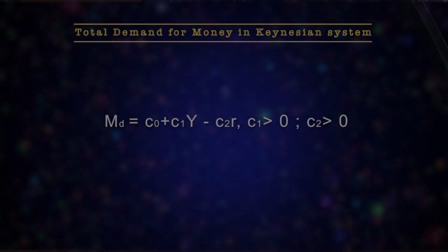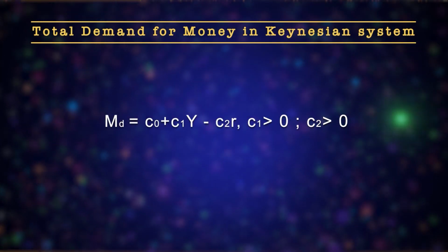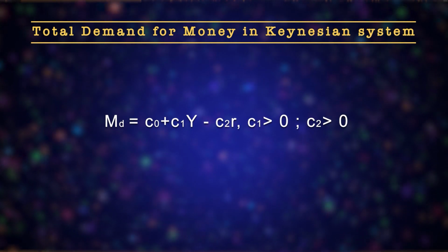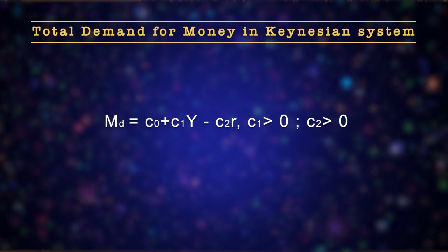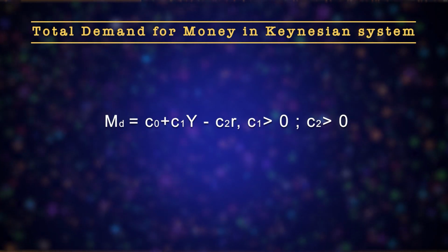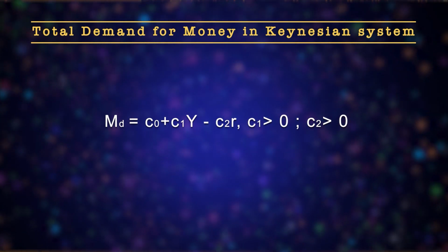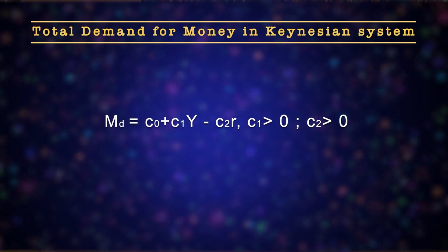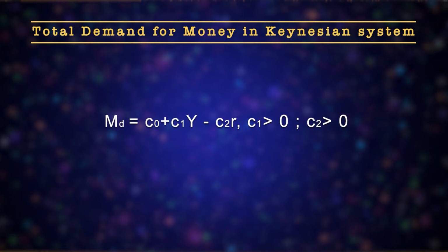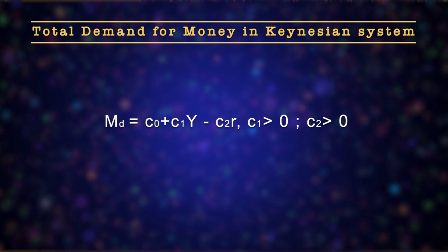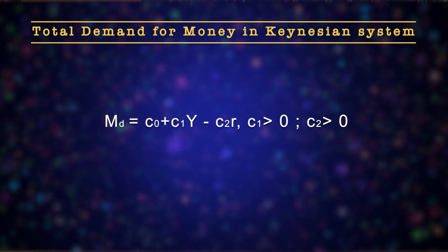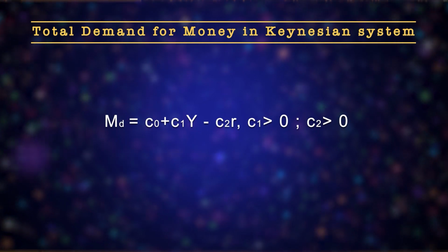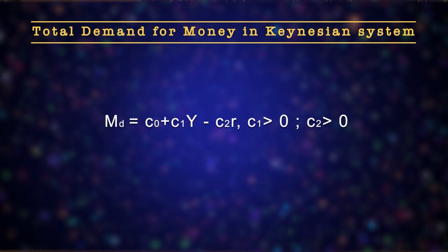Now, we will understand this liquidity trap region. If we try to express, as you can see in this slide, the money demand function, which was a function of Y and R, as an equation, it is MD equals C0 plus C1Y minus C2R, where C1 is positive and C2 is positive.